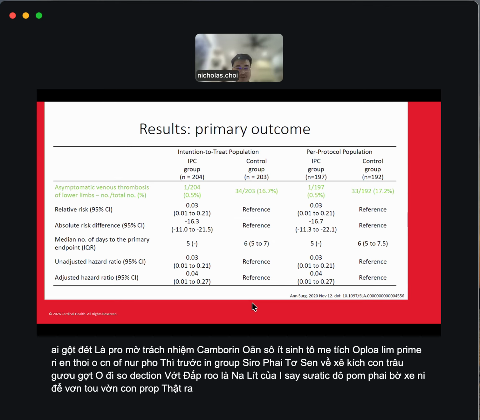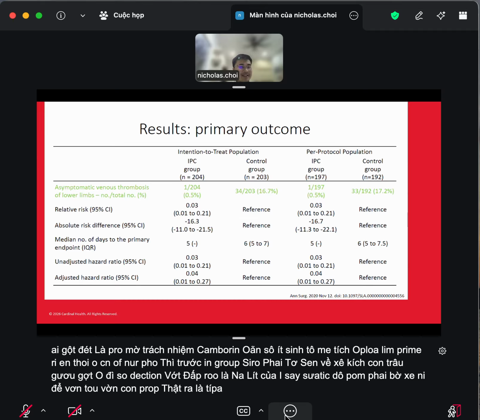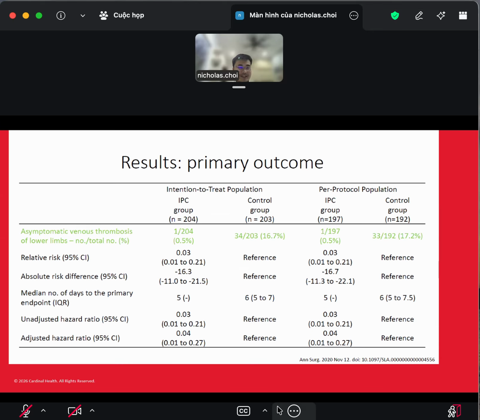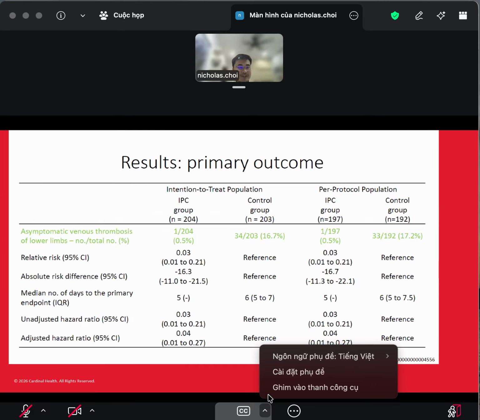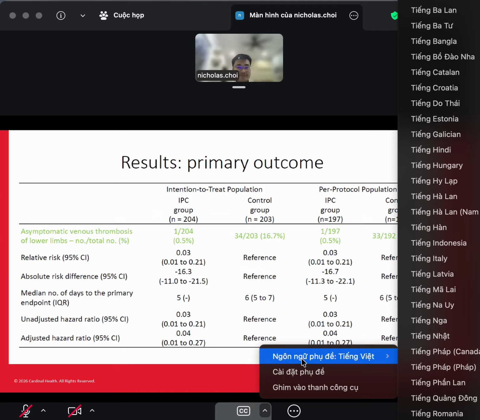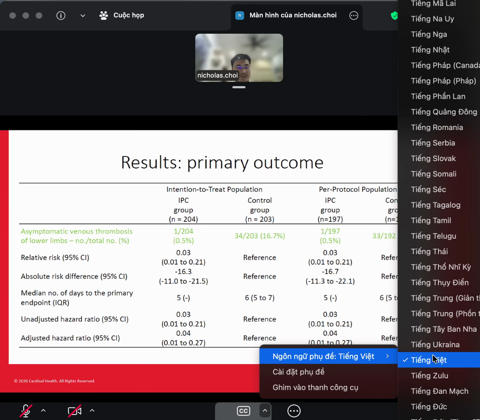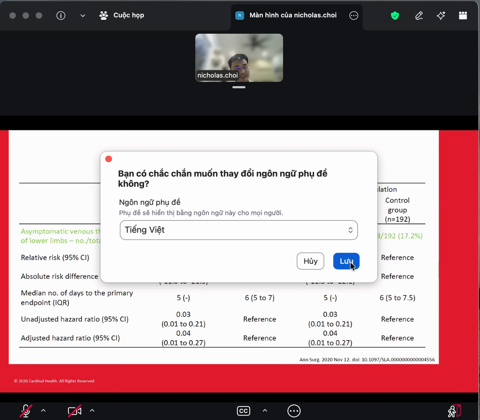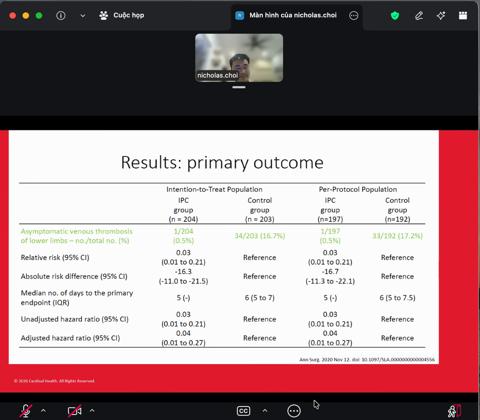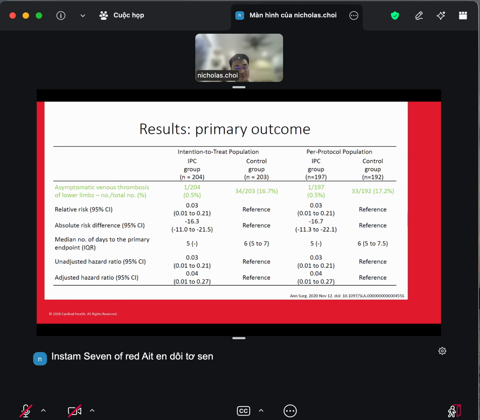The relative risk was 0.03, but the point, what I'm trying to say here very simply, is that in patients already receiving heparin and anti-embolic stockings, which is the standard dual prophylaxis, DVT occurred in 16.7% of those without IPC and 0.5% of those with IPC.